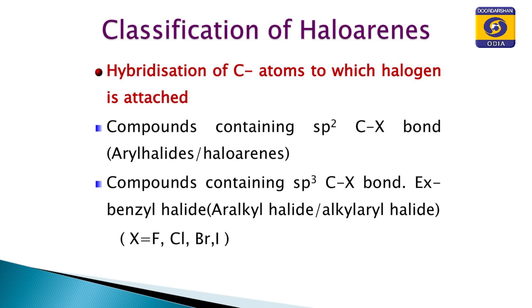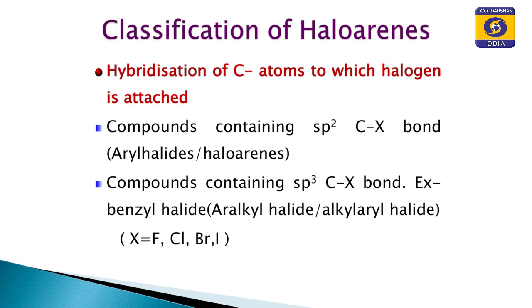Suppose the halogen atom replaces the hydrogen of the methyl group in toluene. There the carbon atom is sp3 hybridized. So, the second category of classification of haloarenes is mainly based on the hybridization of the carbon atom to which the halogen is attached.